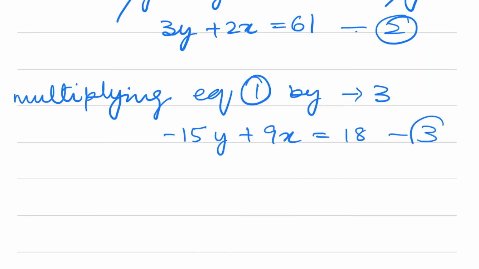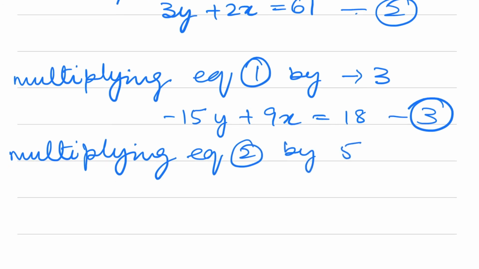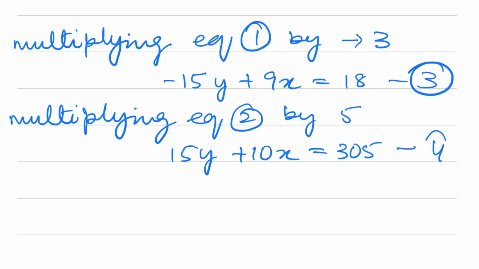So this is the third equation. Now multiplying equation 2 by 5, because we are making the coefficients of y same so that we can cancel them. So we have 15y plus 10x is equal to 305. This is the fourth equation.